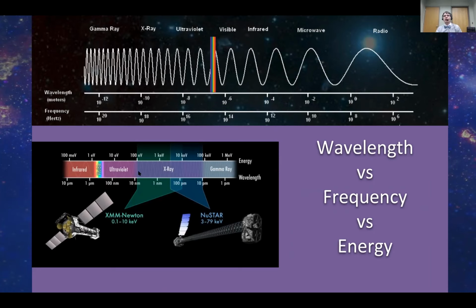On the bottom, you'll notice the infrared on the left and the X-ray and the gamma ray on the right. And that's because this one was done by some X-ray folks who work with things in energy, which matches up really well with frequency. So they want those numbers to be going up as they're going to the right.